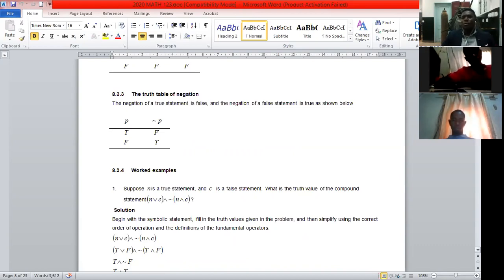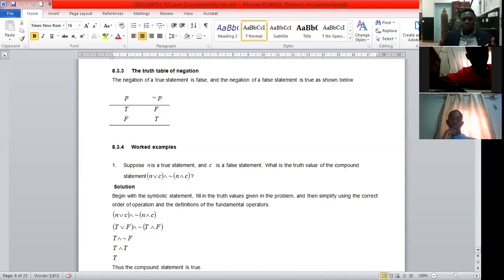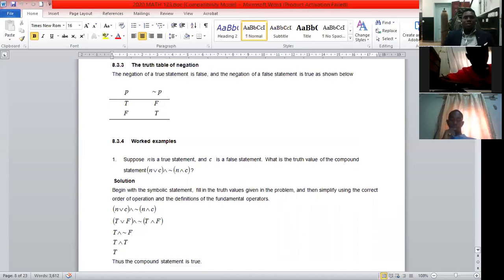Here is an example on the shared screen. The example is saying, suppose N is a true statement and C is a false statement. What is the truth value of the compound statement that is given to you?